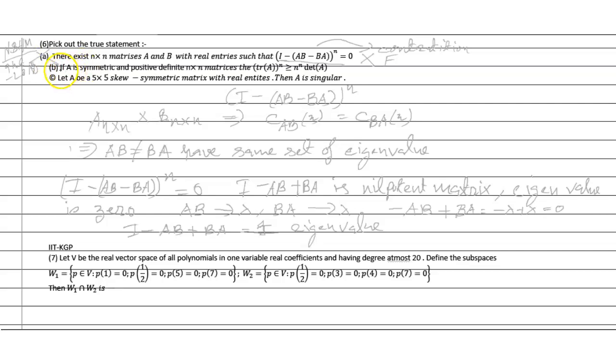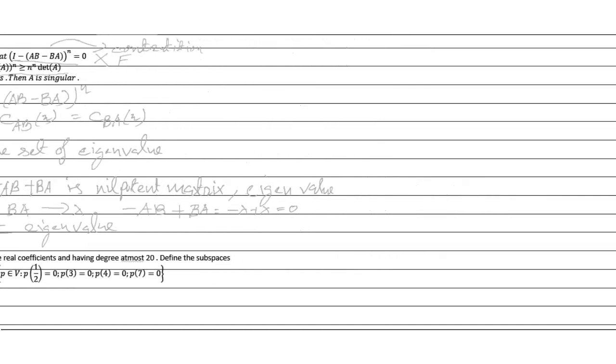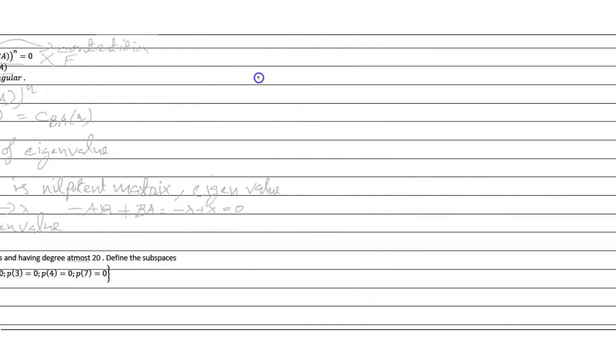Now we will see, if A is symmetric and positive definite n cross n matrix, trace of A whole to the power n is greater than or equal to n to the power n det A. Now lambda 1, lambda 2, lambda 3 up to lambda n.